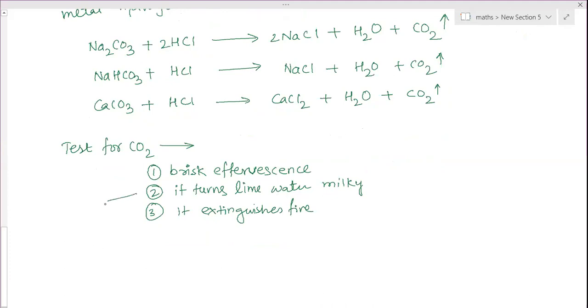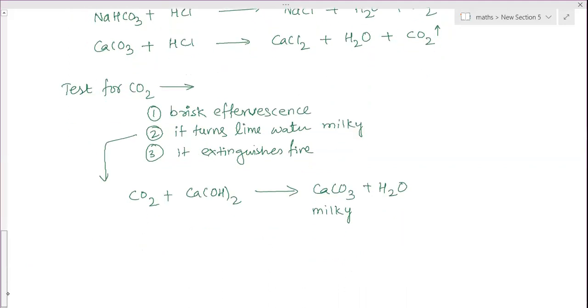That test you need to remember the reaction also. This carbon dioxide combines with lime water, that is calcium hydroxide. Carbon dioxide combines with calcium hydroxide and forms calcium carbonate and water. Due to the formation of calcium carbonate, it gives the milkiness to the solution.